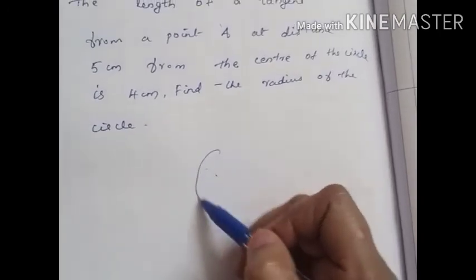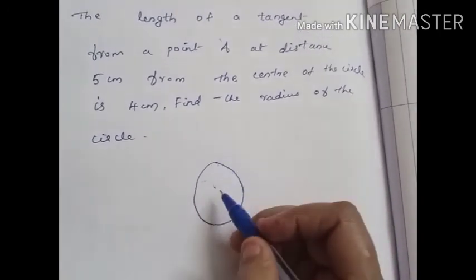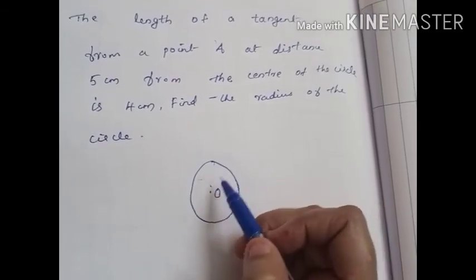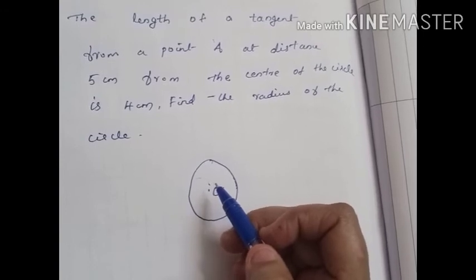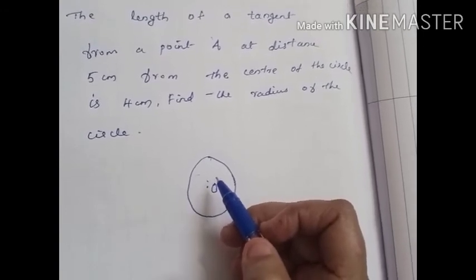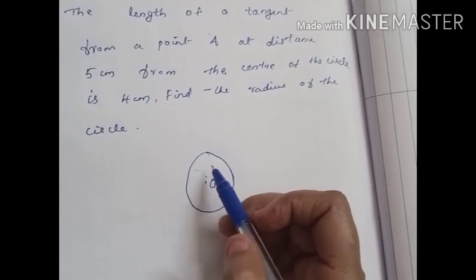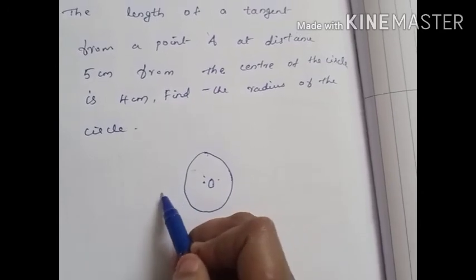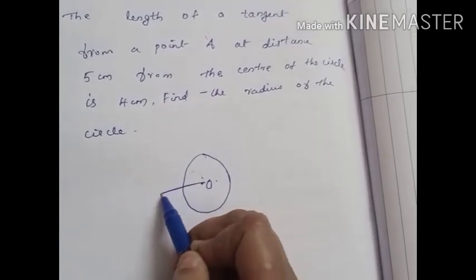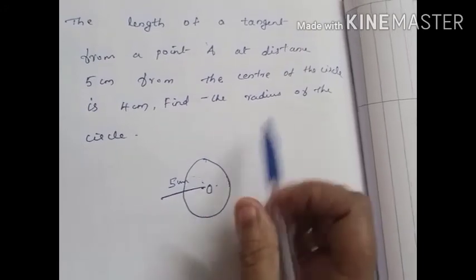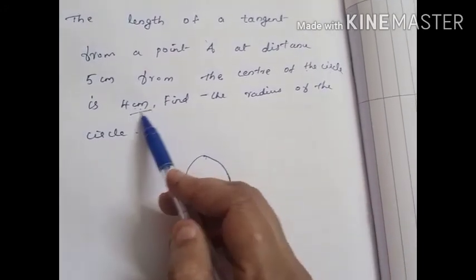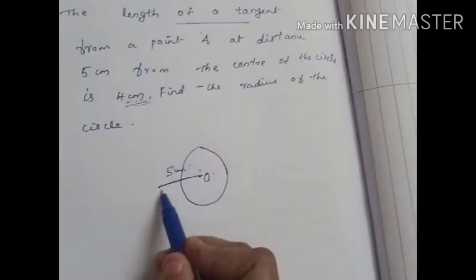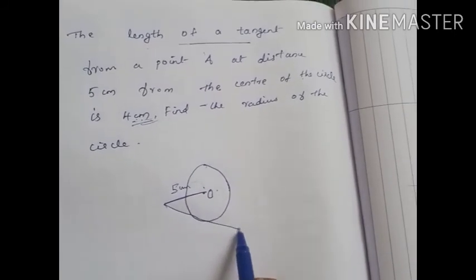So according to the question, we can draw the figure: a circle with center O, and a point A at a distance 5 cm from the center. The length of the tangent from A is 4 cm.